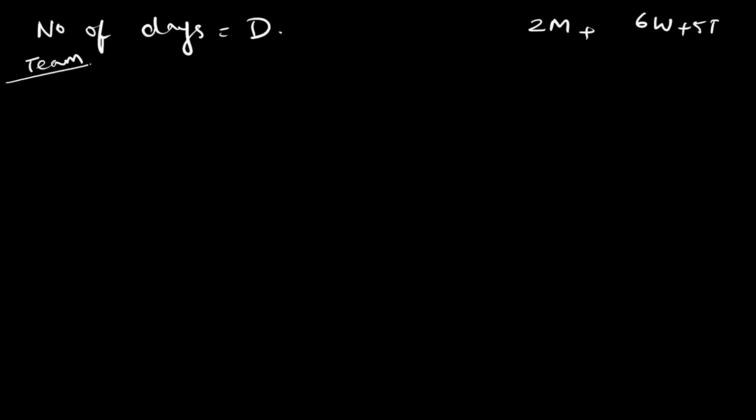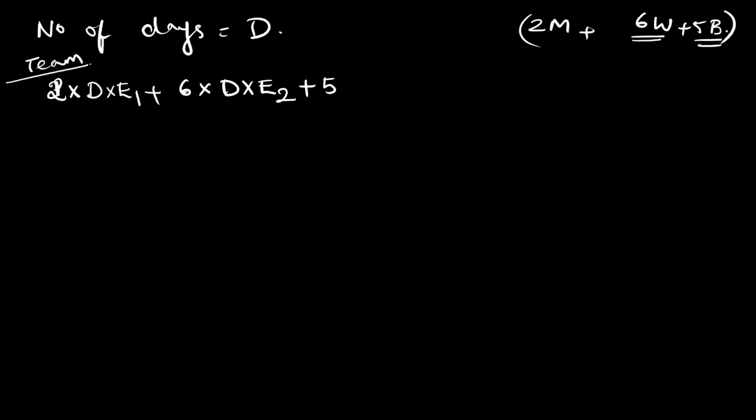Let the number of days taken be D. Okay, so when they form a team of 2 men, then 6 women and 5 boys, the work done by all of them together will be the number of men, 2, into number of days taken, D, and their efficiency E1, plus the work done by 6 women, that is 6 into D into E2, plus the work done by boys, 5 into D into E3, and this is the total work.